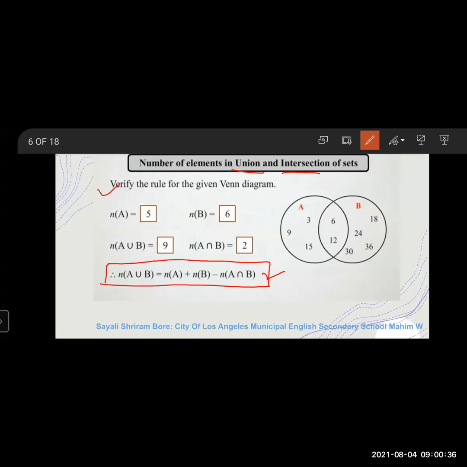First of all, in the Venn diagram you can see two sets are given, set A and set B. We are now aware of how to draw the Venn diagram, how to show the intersection, how to show the union, everything. So here I will write A is equal to, all the elements in set A, that is 3, 9, 15, 6 and 12.